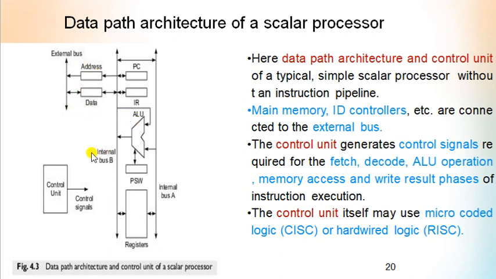And the control unit generates control signals required for the instructions like fetch, decode, ALU operation, memory access, and write result phases of the instruction execution. And the control unit itself may use microcoded logic for CISC, or hardware logic for RISC.